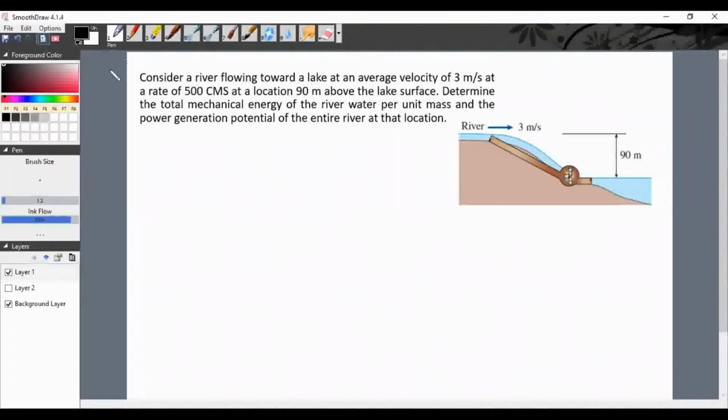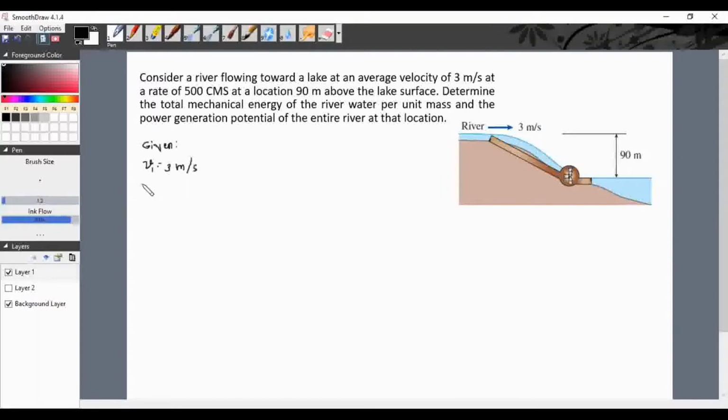So, let's say, from the problem, meron tayong mga given. Okay. So, given natin, we have velocity at point 1 of 3 meters per second.